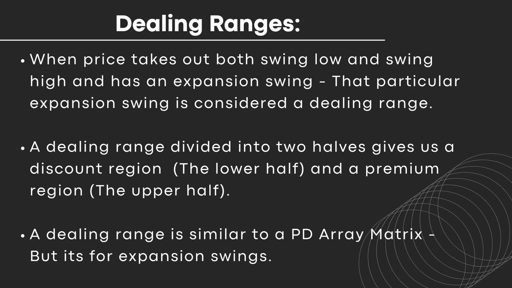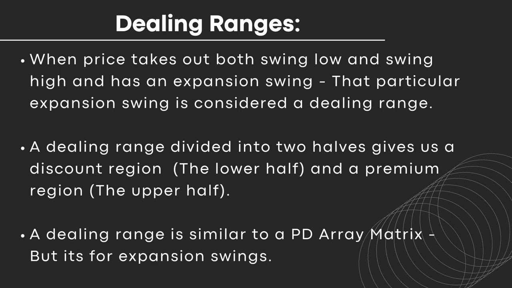Another thing about dealing ranges is that when you divide a dealing range into equal halves, it gives us a matrix. The upper half of that matrix is called the premium and the lower half is considered the discount region. Last but not least, the 50% of that dealing range is called equilibrium.